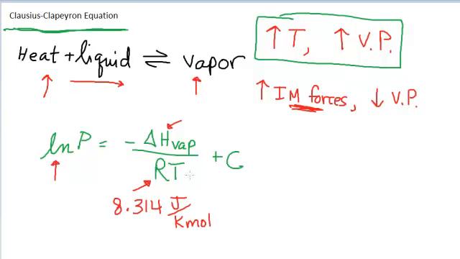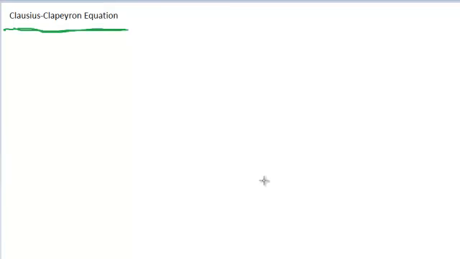T is the temperature, and the temperature has to be in Kelvin in order for this equation to work, and then C is a constant. Essentially, this was derived looking at the laws of thermodynamics, and we will talk more about thermodynamics in a later chapter. But the Clausius-Clapeyron equation that we see here is very, very useful for determining enthalpy of vaporization.